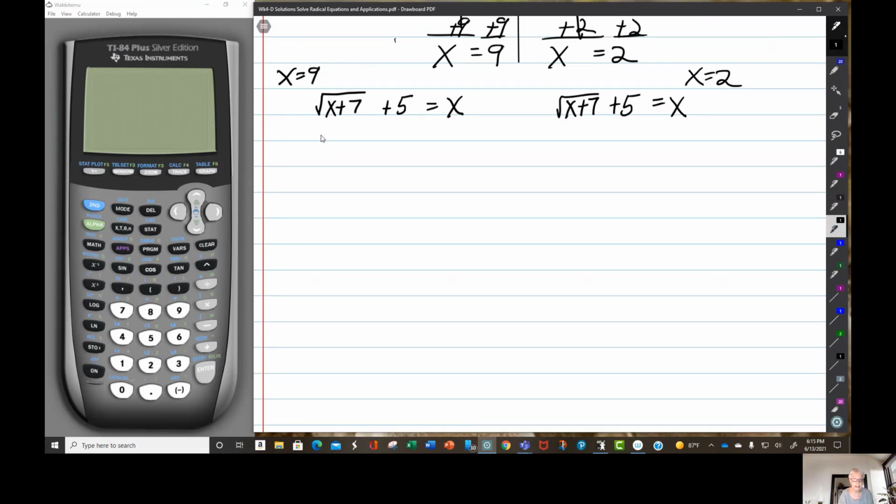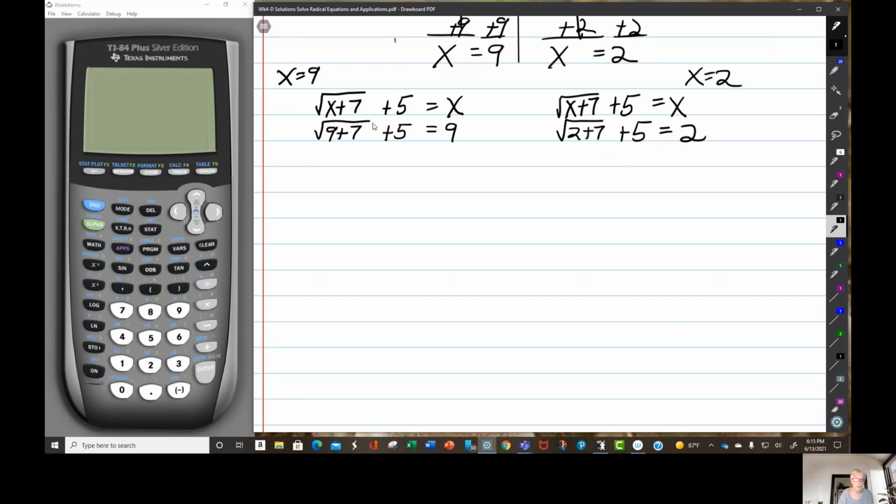All right, if 9 is x, this is what I do. The square root of 9 plus 7, plus 5 equals 9. And over here, the square root of 2 plus 7 plus 5 equals 2.